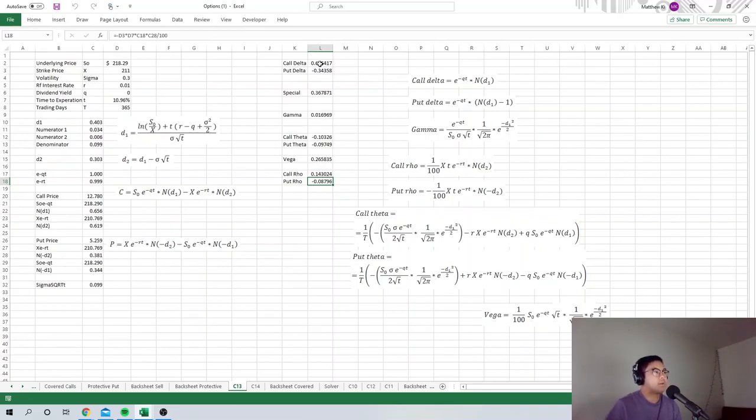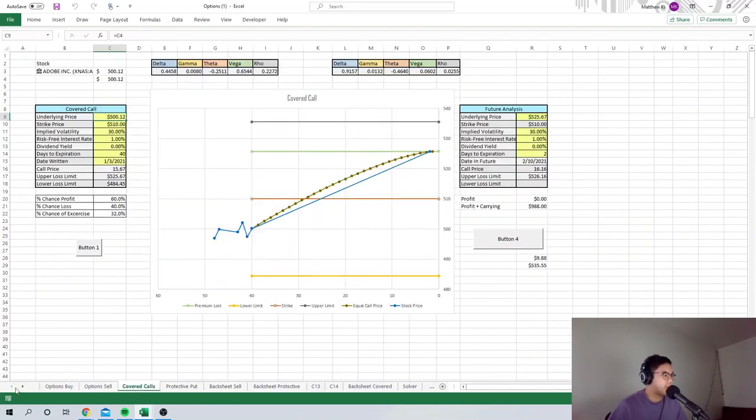For the call, some people say that if it's above 0.5, then there's a higher probability it's going to end up in the money. Same with the put, if it's above 0.5, because these are inversely related, the puts and the calls of the same option. So this is the model I created.